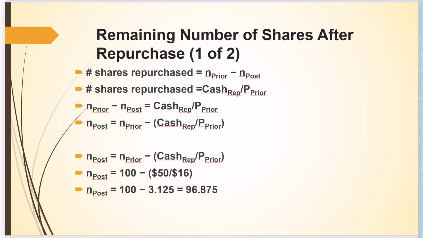In this case, we had 100 million shares prior. The $50 million purchase amount, divided by $16 per share, means we would buy back 3.125 million shares. That leaves us in the end with 96.875 million shares.